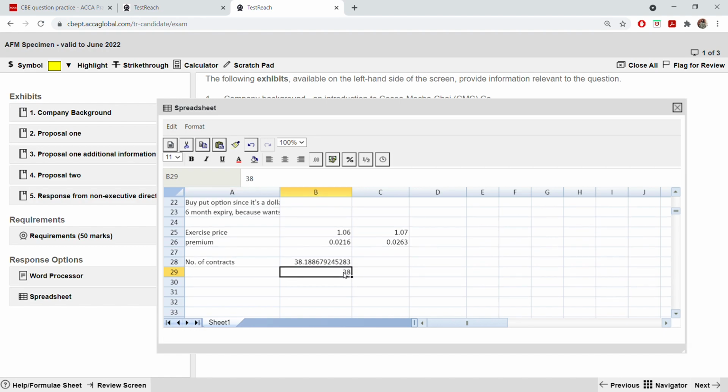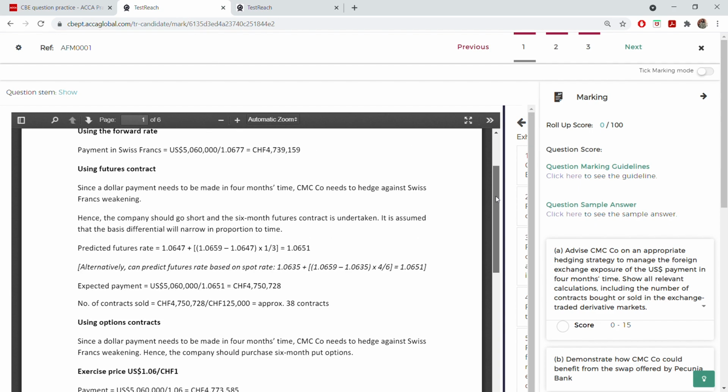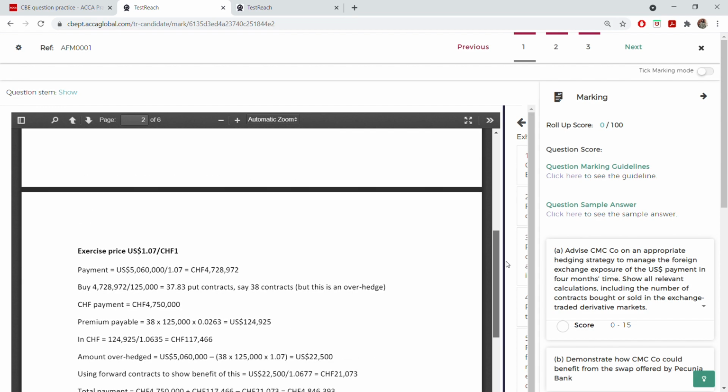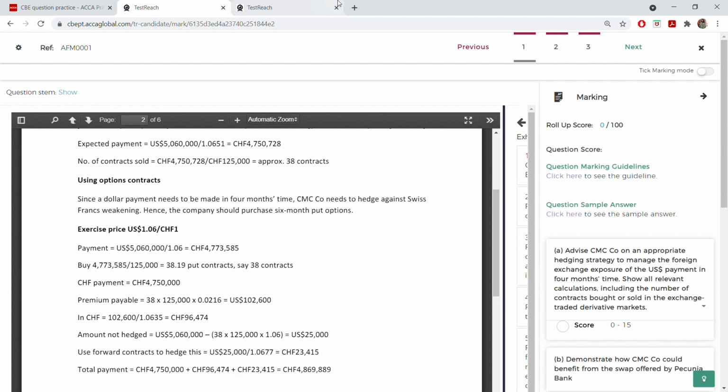So you can make this bold and write number of contracts. That means here we are using less. Since here we are using less, we will be using some, wait.